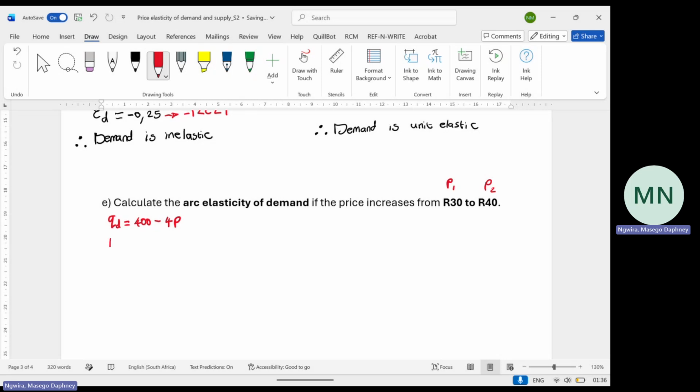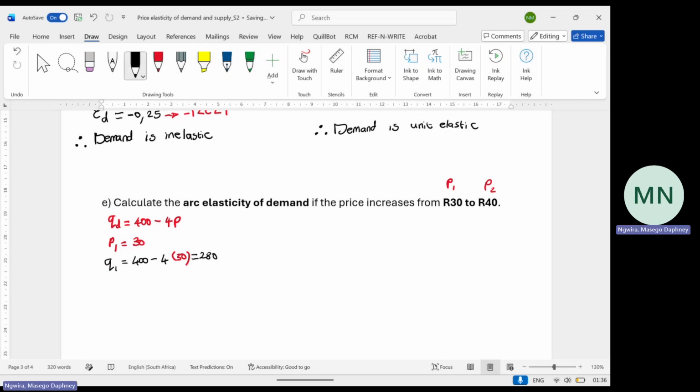So if my P1 is equal to 30 rand, then when I calculate my Q1, I am going to have 400 minus 4 times 30 rands. My final answer is going to be 280.